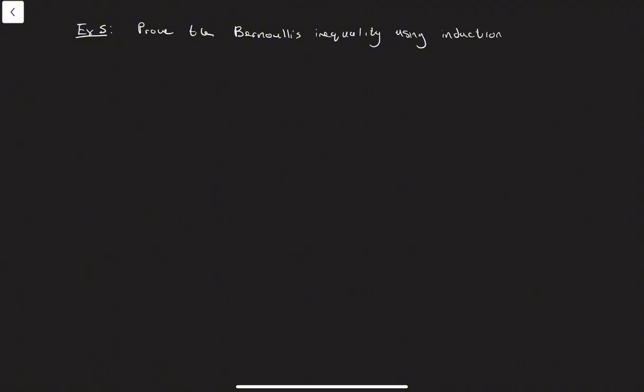The inequality pretty much states (1 + x) raised to n has to be greater than or equal to 1 + nx. And in this case, n must be greater than or equal to 0, and x has to be greater than or equal to -1.